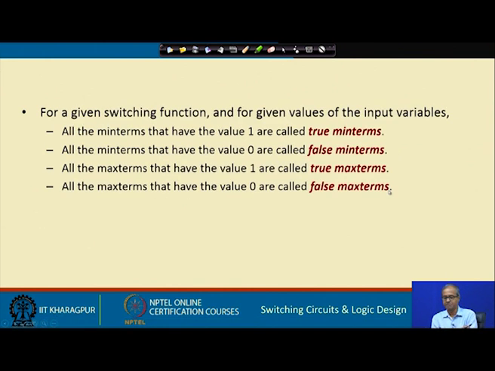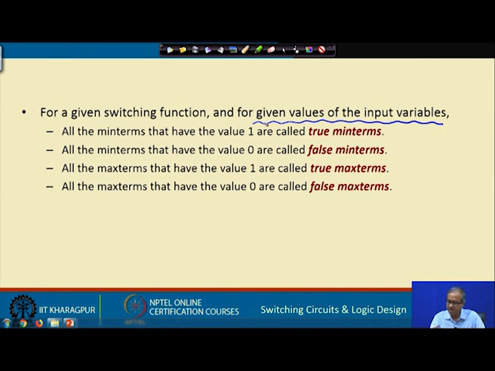Now, these min terms and max terms can be classified as either true or false. So, I can say some min terms are true min terms and some min terms are false min terms. So, how are they defined? This definition is made with respect to some given values of input variables.